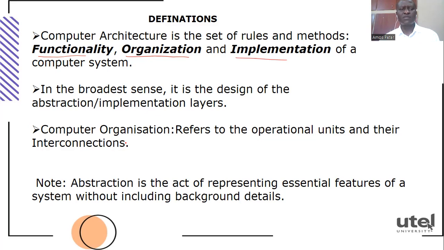Now, on the other hand, computer organization refers to the individual operational units of a computer system and their interconnections that realize the architectural specification that has been laid out during the architectural design.